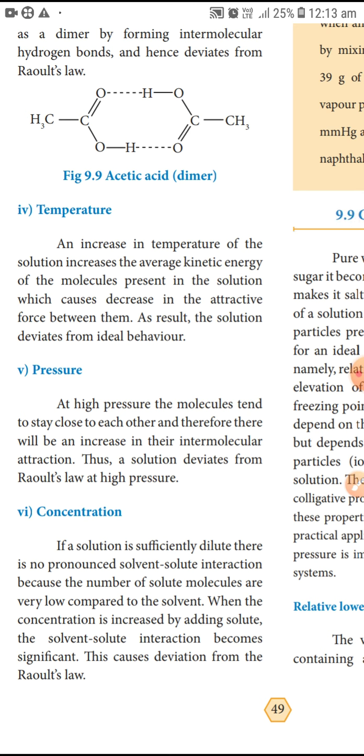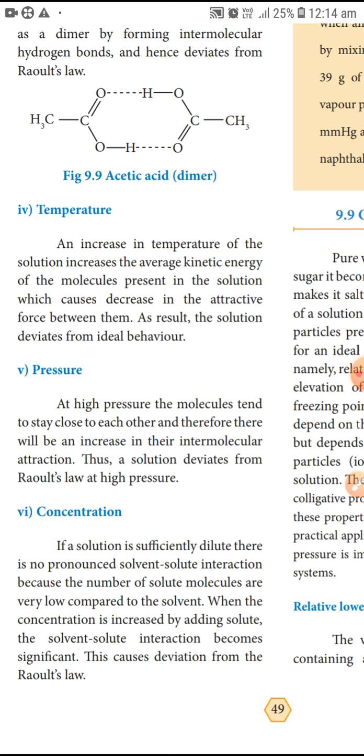Next, pressure. At high pressure, molecules tend to stay close to each other, and therefore there will be an increase in their intermolecular attraction. Thus a solution deviates from Raoult's law at high pressure.